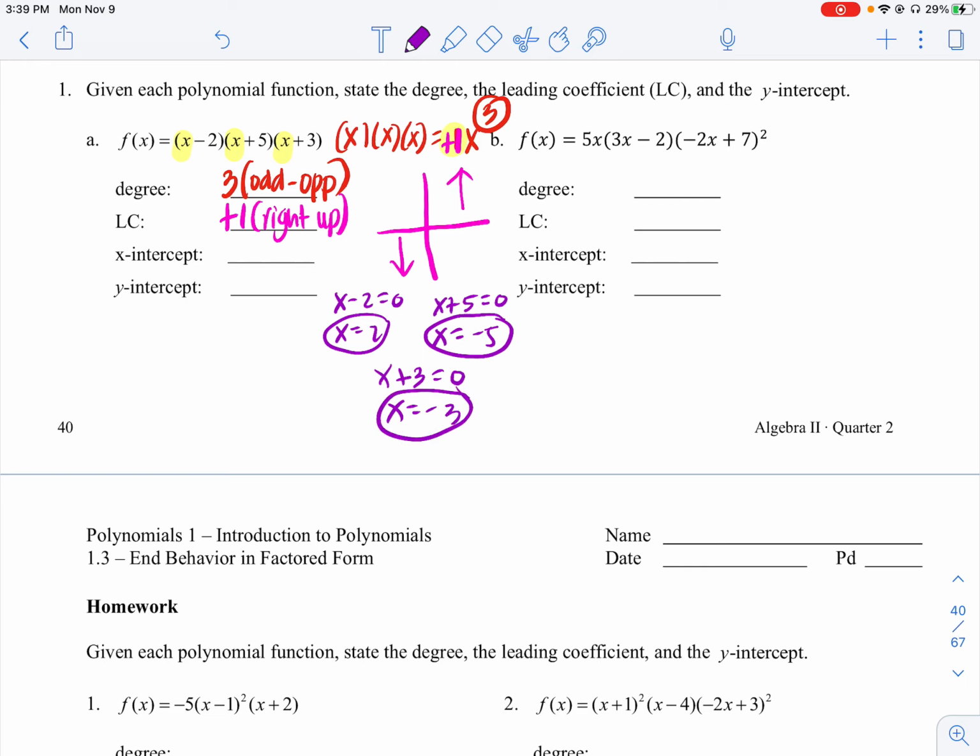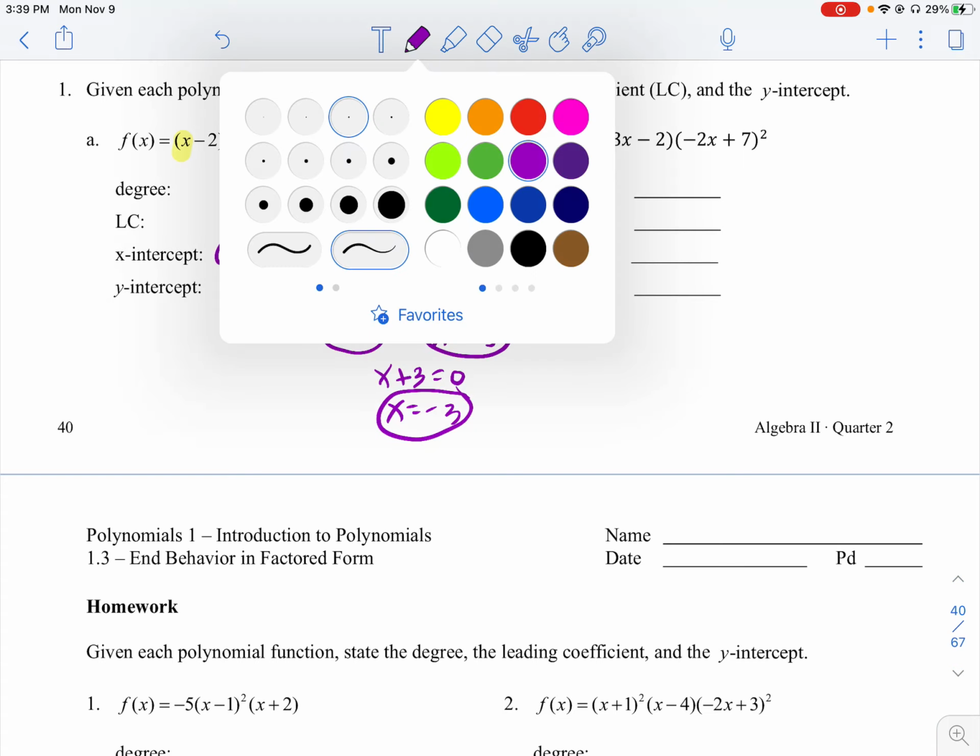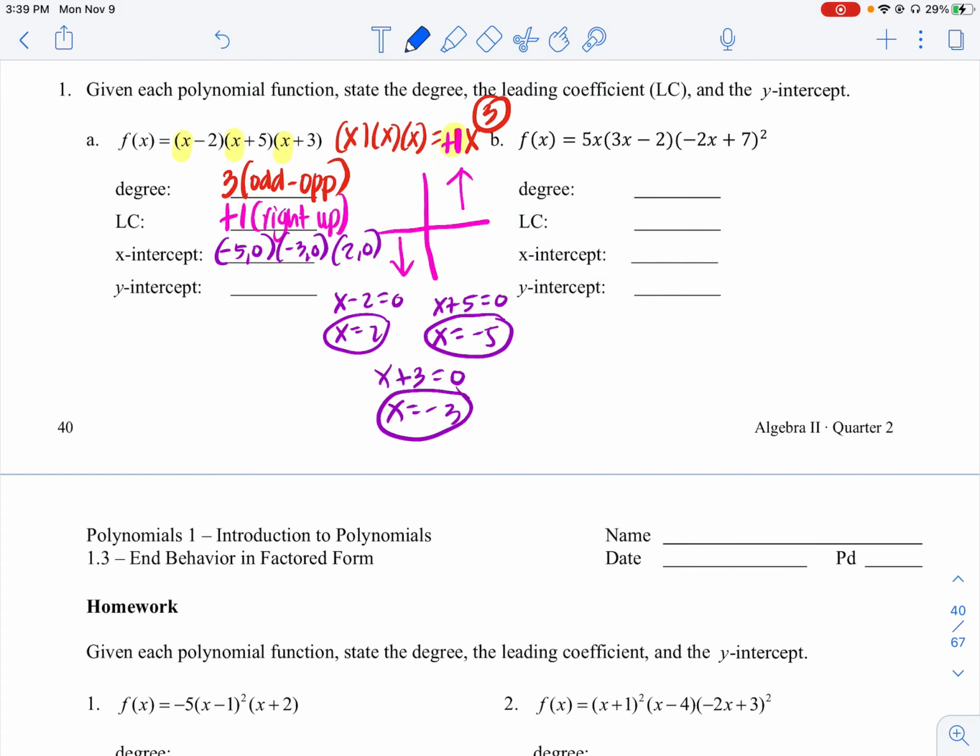I'll get a negative 3. And all we have to do is write them in order. I have a negative 5 comma 0, and then a negative 3 comma 0, and then 2 comma 0.